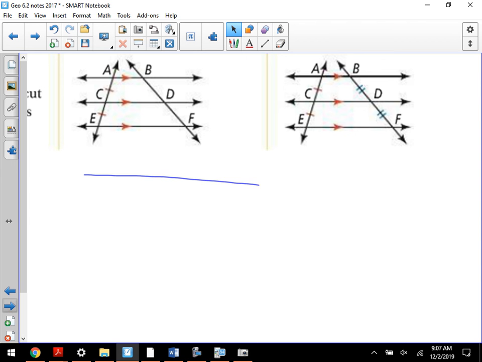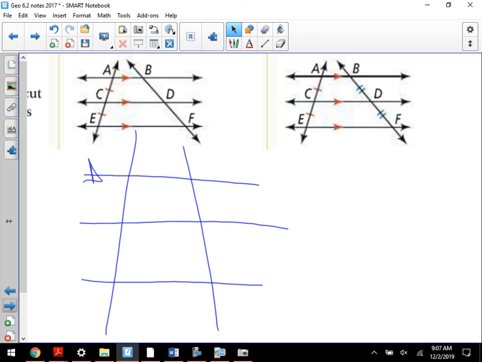Whenever you've got three parallel lines and two transversals, if these two are the same, these two are the same. That's all it needs.